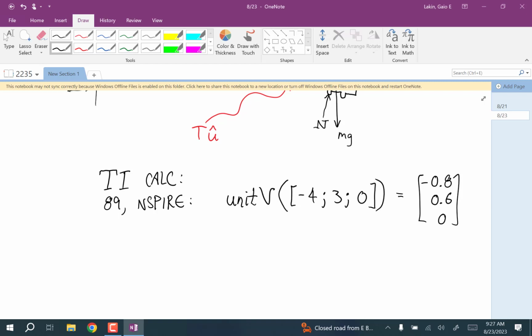Since this is something we're going to use a lot, if you have one of these calculators, get used to using this function. It's nice to just automatically remember to use this function instead of going through all the calculations yourself. If you have an 84, 86, 83, I think it's probably worth looking at how to enter this into your calculator.